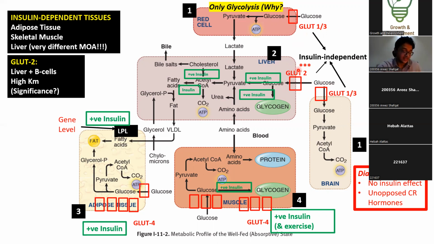Glucose, now insulin is active, right? Insulin activates glycogen synthase to cause glycogenesis, to store the glucose as glycogen. Insulin activates glucokinase at the gene level. It activates PFK2 by dephosphorylation to convert glucose into pyruvate, and then pyruvate can be used to generate ATP.